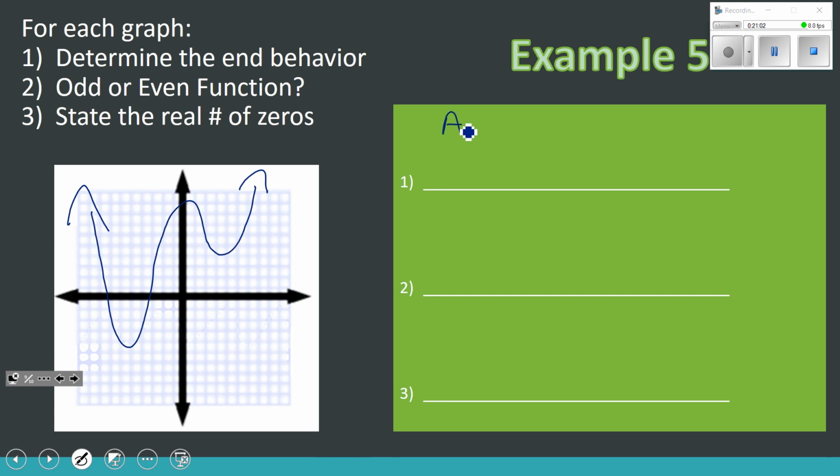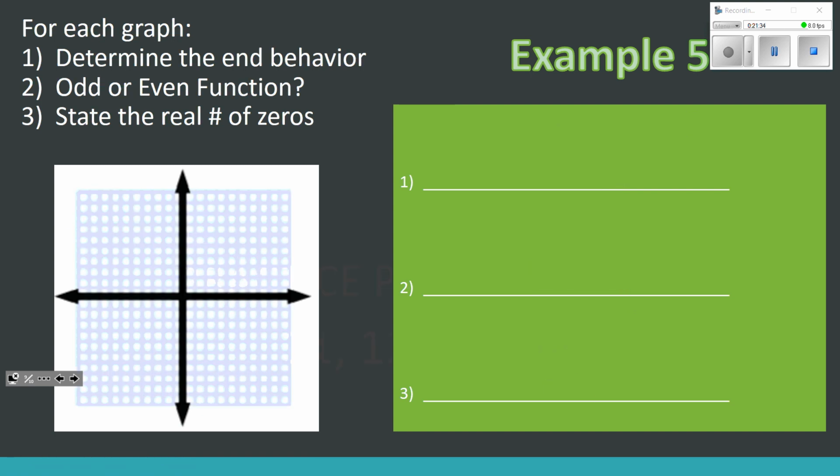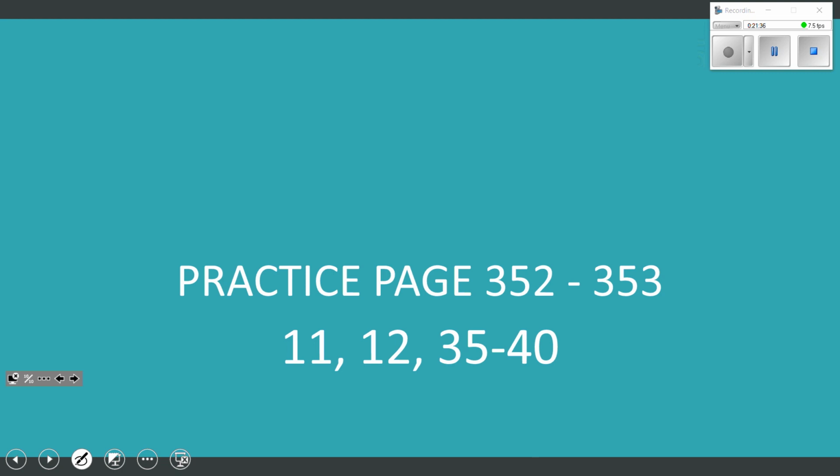As x goes to positive infinity, y goes to positive infinity. Good, Jenna. As x goes to negative infinity, y goes to positive infinity. Everybody good? Odd or even? Even. Does it help with the arrows? Just if they're both going the same direction, it's even. Odd is opposite. Okay. How many zeros? 2. All right. So a little bit of practice, and then when we get back from lunch, we will take a quiz. Okay.